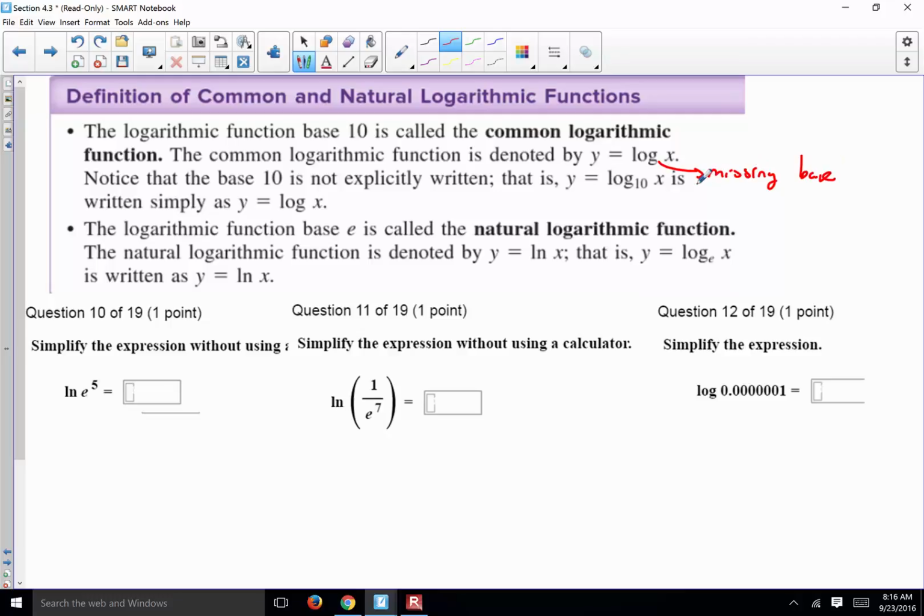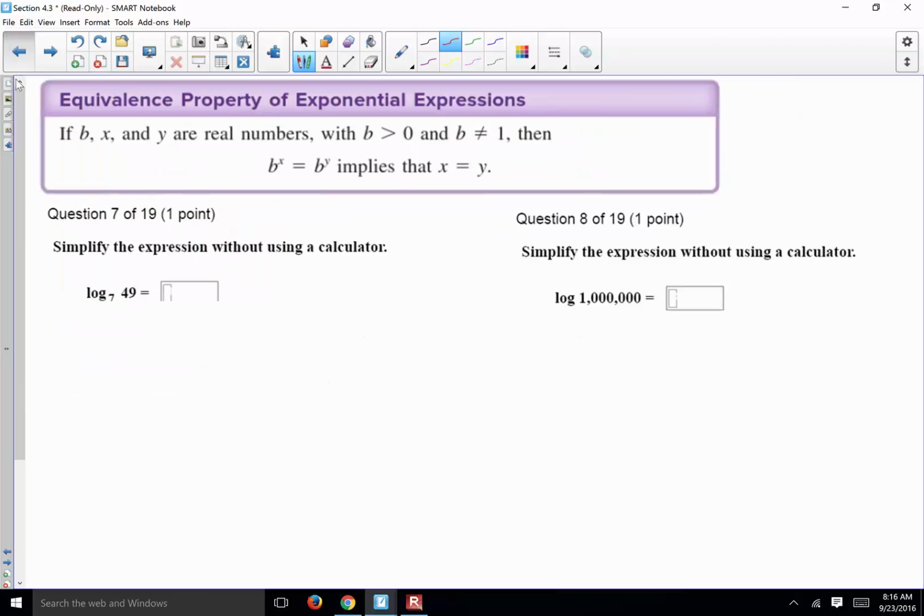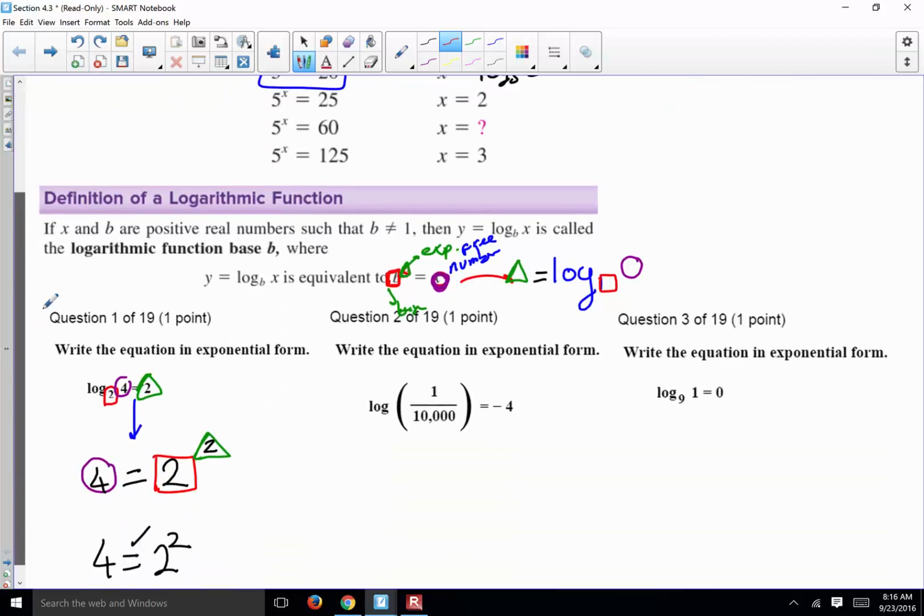You just need to write it explicitly. What is that base? If you don't see it, that base is 10. We skip writing base 10 because it's common. We call it the common logarithmic function. So there is a secret base 10 here. Now convert this into an exponential expression. Anyone? Any volunteer?